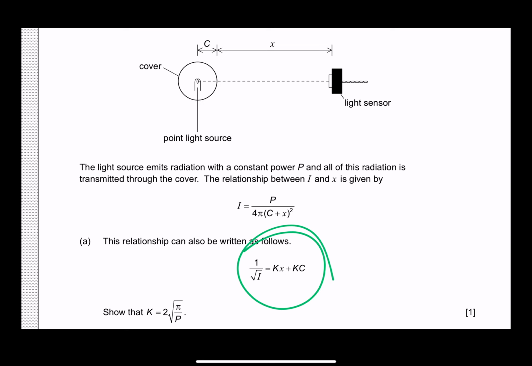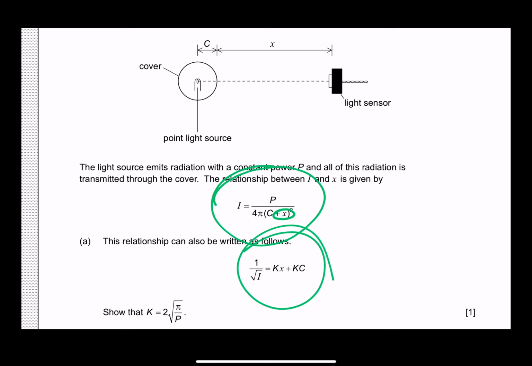So again, just for what it's worth, the original expression up here is that the intensity is inversely proportional to the square of the displacement, which again makes sense following the inverse square law for light, which again, we're going to pretend like we don't know because you don't actually need to know the physics.